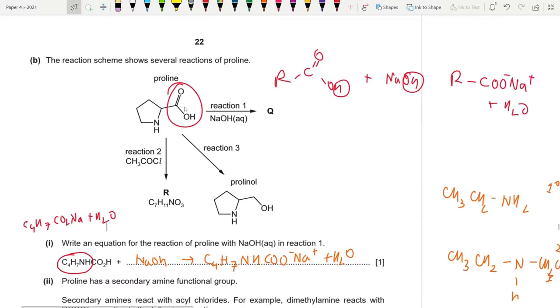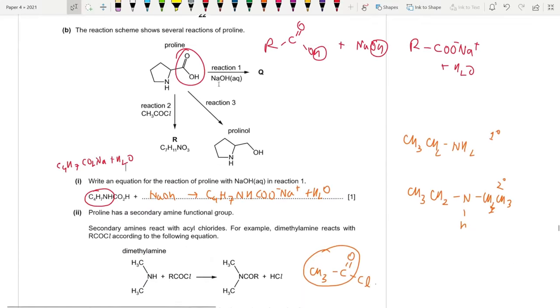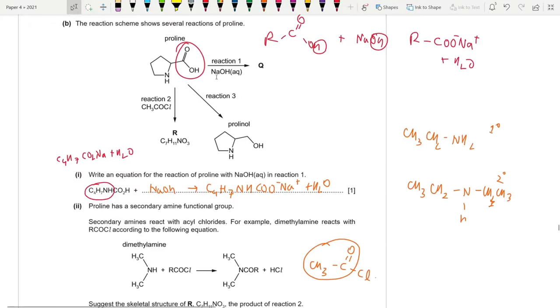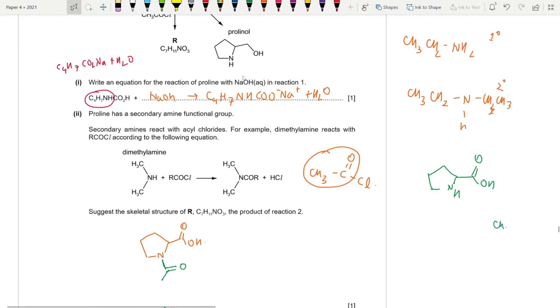Okay, so when proline reacts with, let me draw it for you guys. We have proline over here. Now it's going to react with CH3COCl, right? When it reacts, we're going to get rid of the hydrogen.